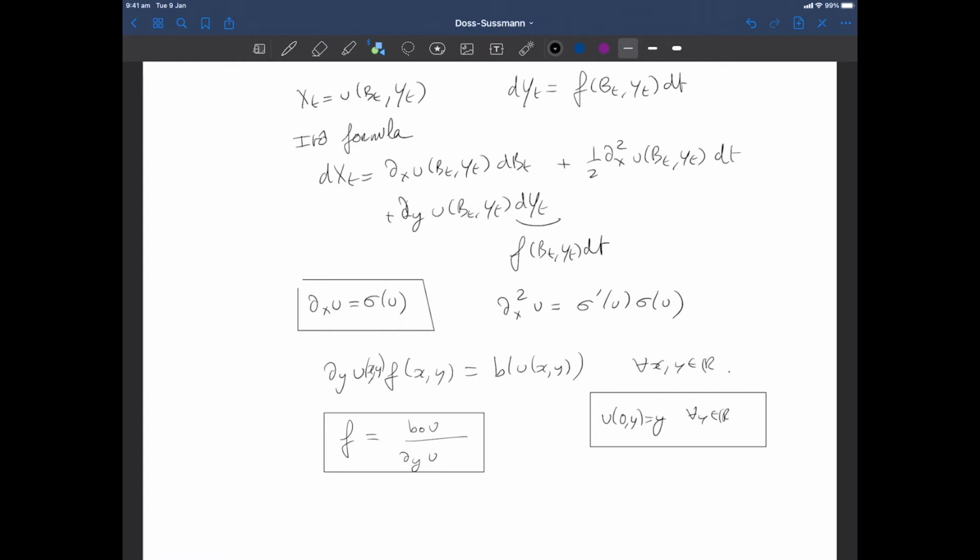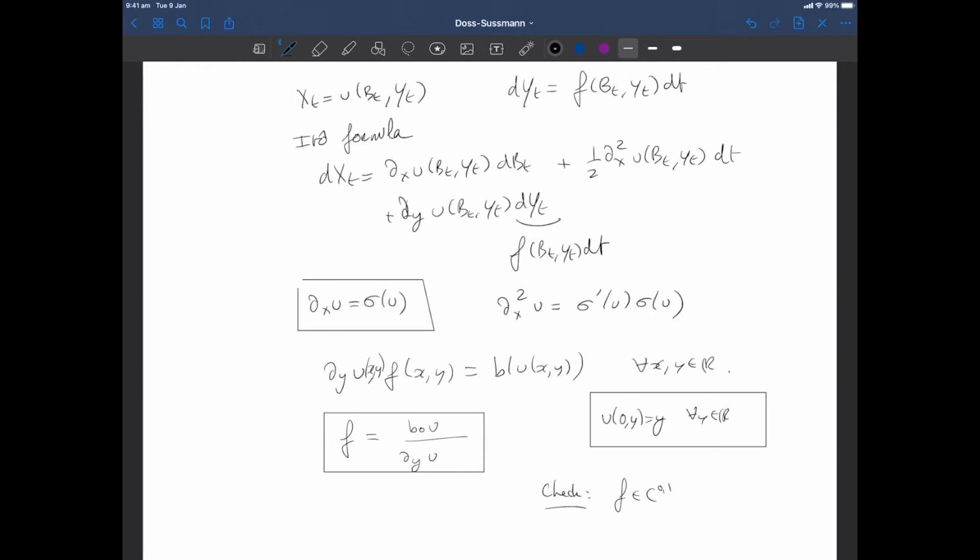And then with this condition, you find that everything is well defined, the u and the f, and you will find that the ordinary differential equation that we've defined here has indeed a unique solution, because you can check reasonably easily that f is Lipschitz continuous and satisfies standard growth conditions in the theory of ordinary differential equations.